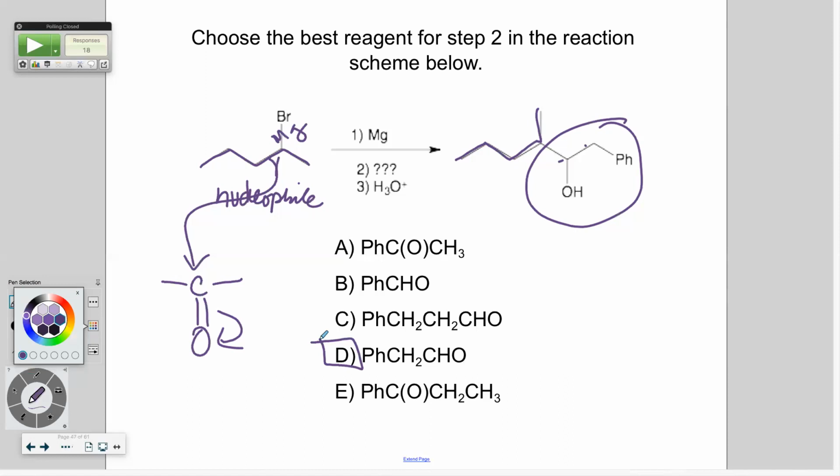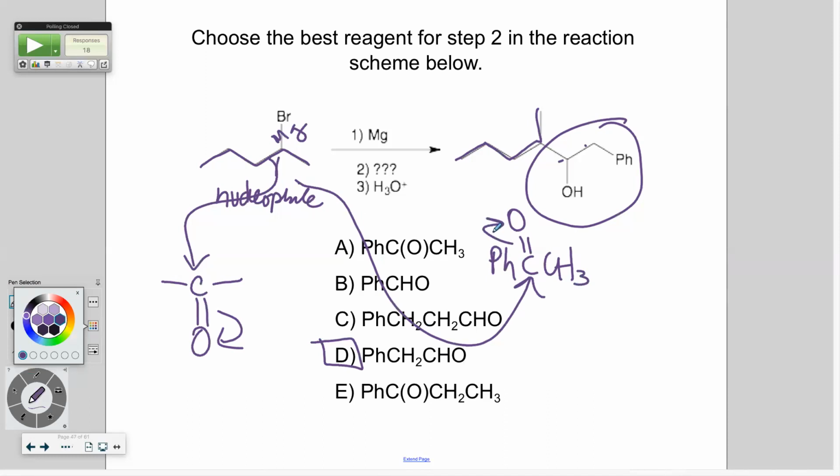Okay, A has the correct number of carbons. If you did it that way, that's not a bad way to approach it. That should have narrowed it down for you. But if you have A, remember that that's what the parentheses around the O means. This would go to here, go out to the O, and you get protonated.